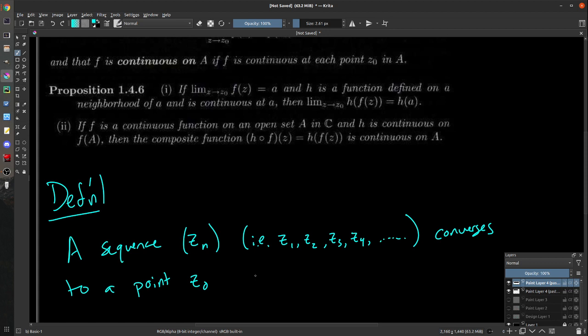This is the definition of convergence for a sequence right here. So if and only if, this is what it means to converge.